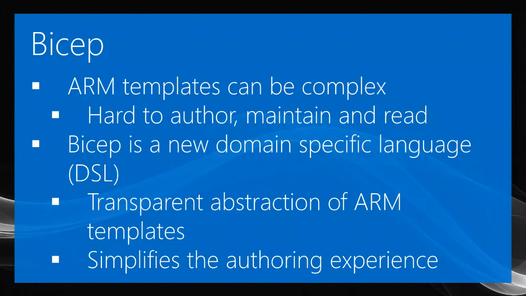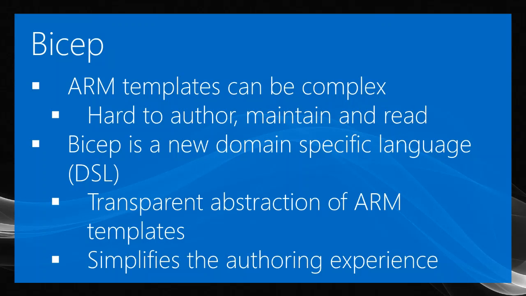But just to give you some context here, we've now seen ARM templates, and the demos that Martin showed us are still pretty simple. So hard-coded ARM templates are really, really tough to read, to maintain, to develop, to author. And you need quite some experience with JSON files so that you're able to easily read those ARM templates.